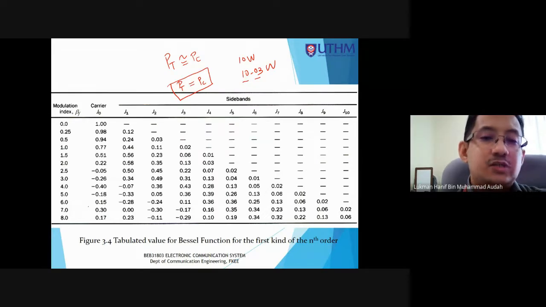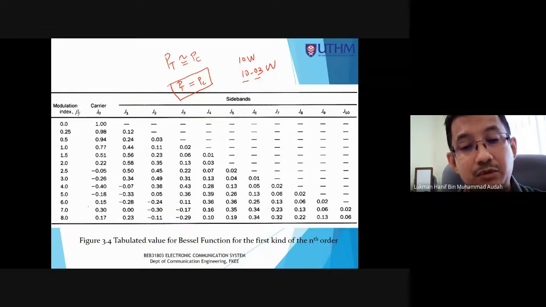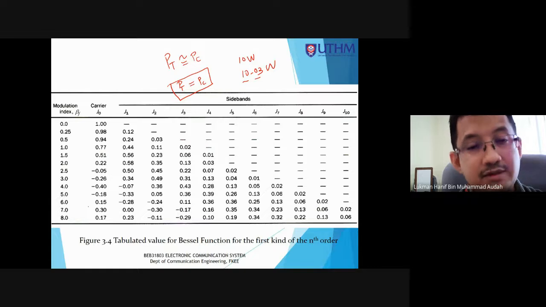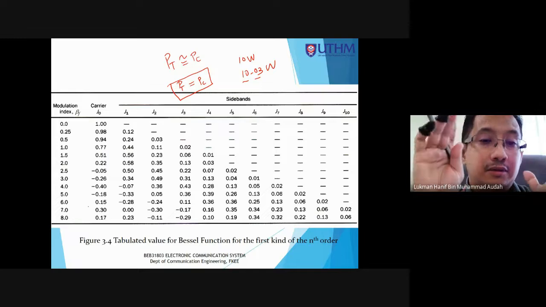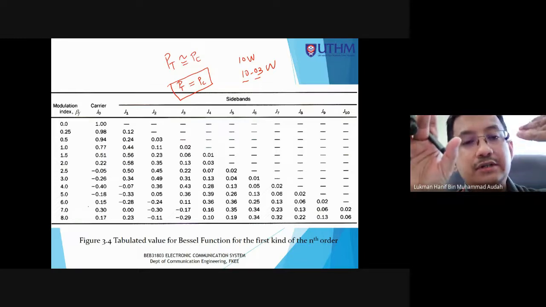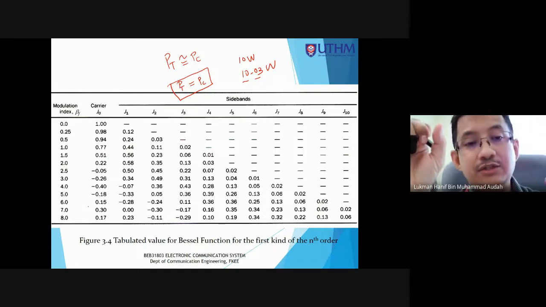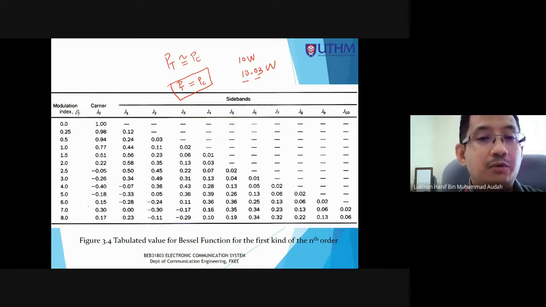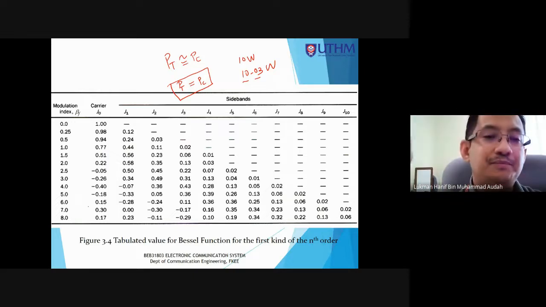So biasanya soalan seperti itu nak membiasakan pelajar menggunakan table Bessel. Even that, if the question specifically asks like that, then use the table, no problem. But theoretically, if the question just asks find the total power, kalau soalan cuma tanya cari nilai total power, then you can use PT equal to PC.